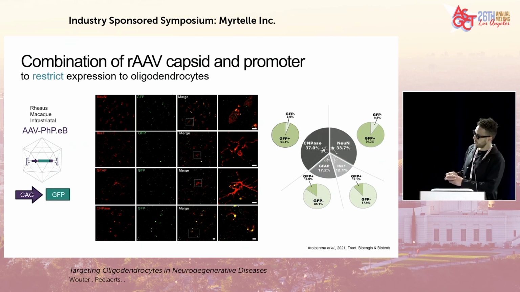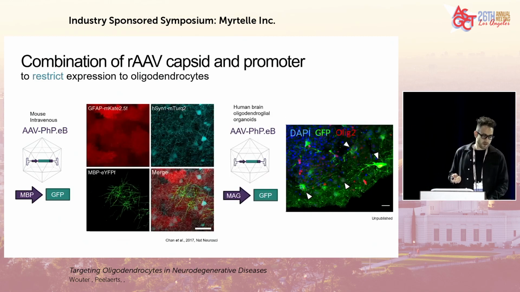They also noticed the broad tropism of this capsid, transducing oligodendrocytes, neurons, astrocytes, as well as microglial cells, which is kind of interesting as well. Then, by using cell-specific promoters, for instance the MBP promoter or the MAC promoter, you can again restrict the expression to oligodendrocytes. In this example, you can see how different viral vectors were mixed, combined and injected into the same animal.